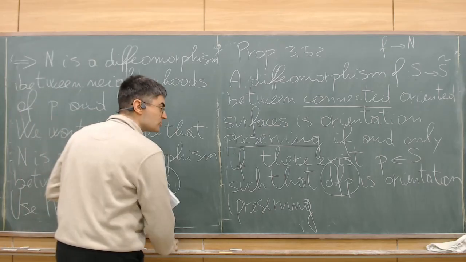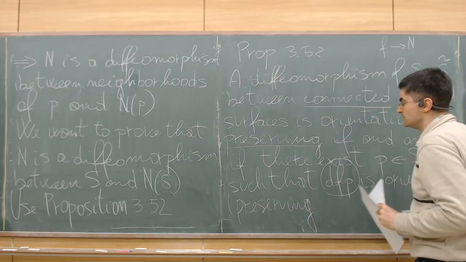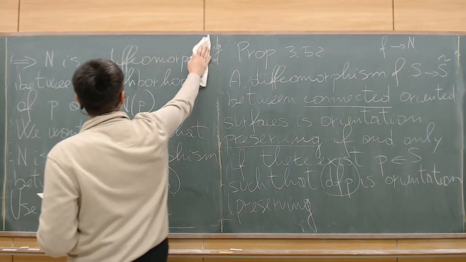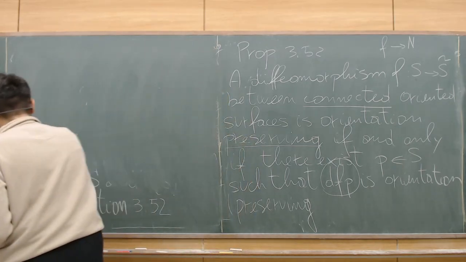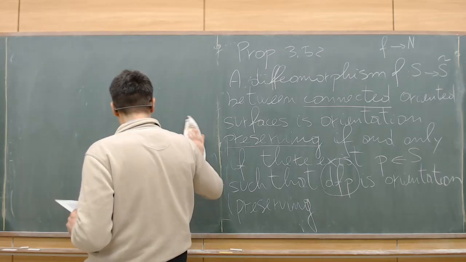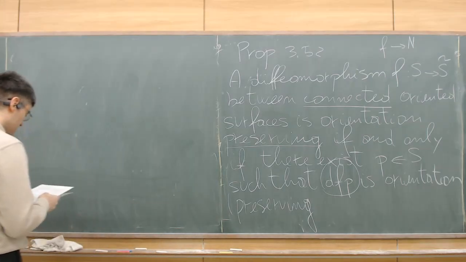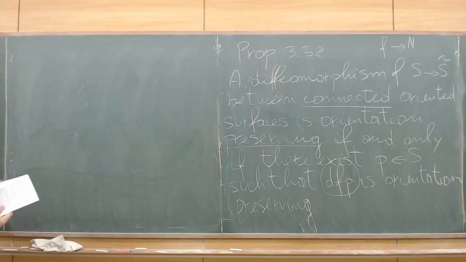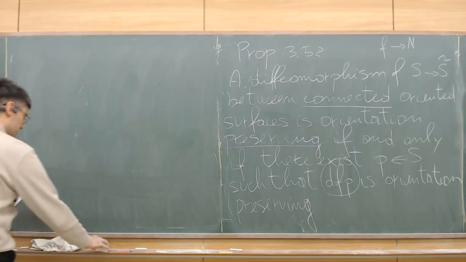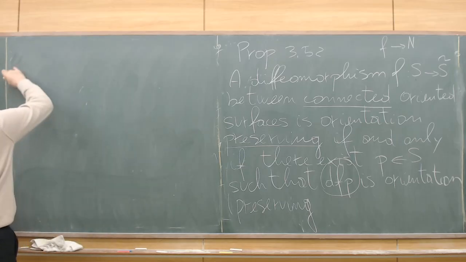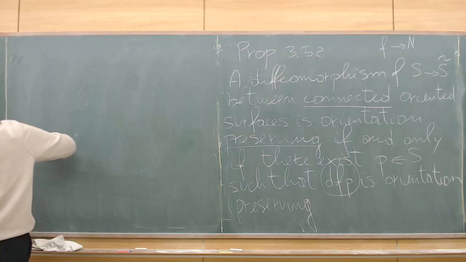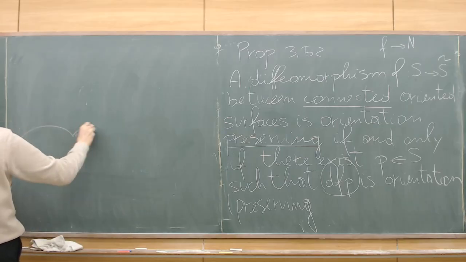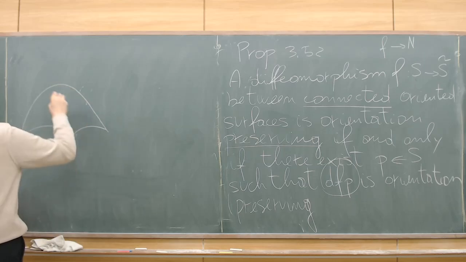Now let's try to make a picture. Let's erase this part. So let's sketch a picture of a surface having positive Gauss curvature.